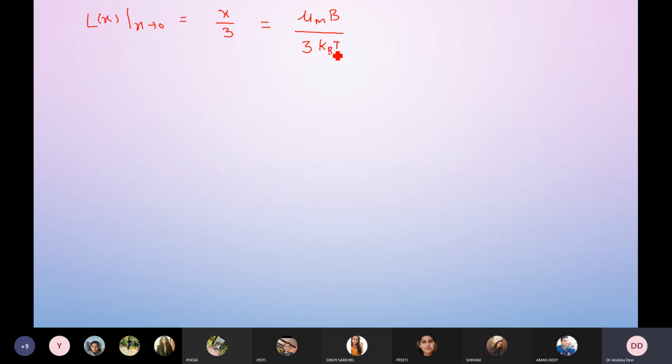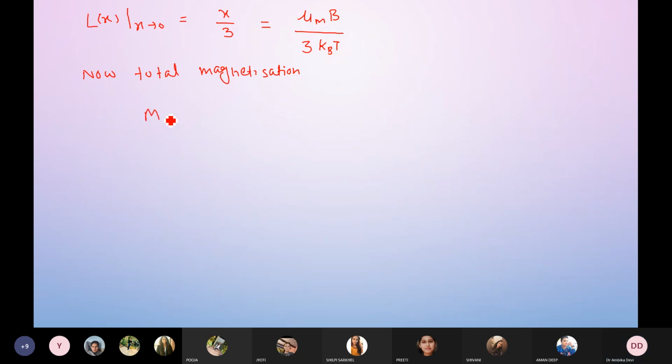This we had done in the last class. Now for the net magnetization, the total magnetization for a unit volume, let us substitute this value of L(x).